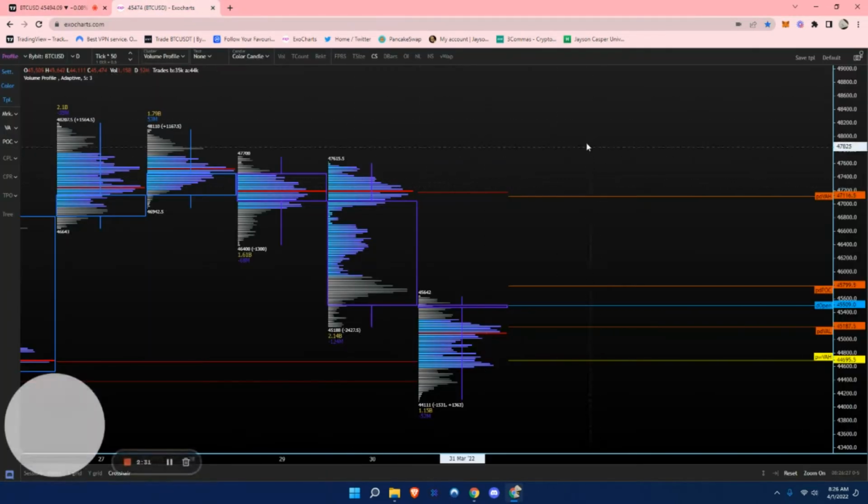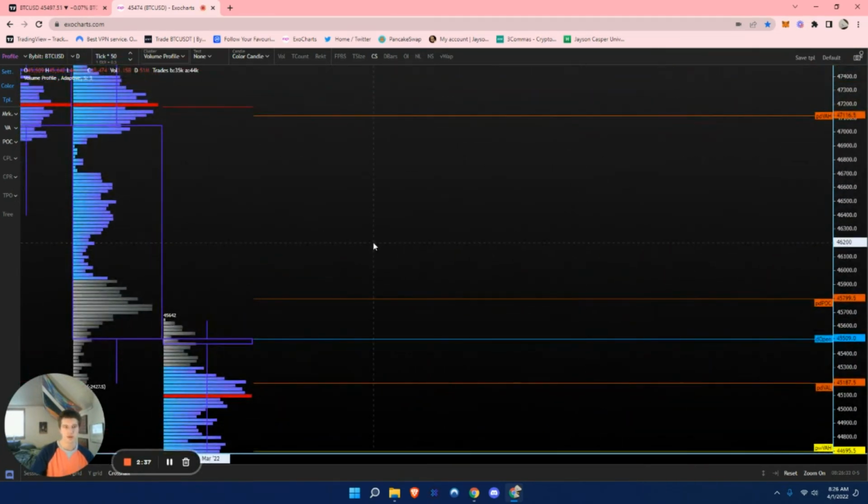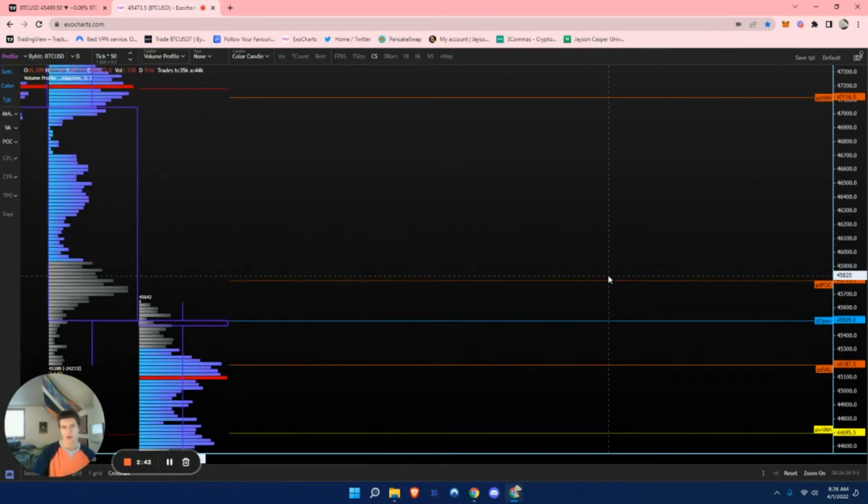Looking at Exocharts, I'll leave this in the Discord, but it's just a template that I like to use. It will map everything out for you. It'll have your previous day value area high, previous day point of control, and previous day value area low.